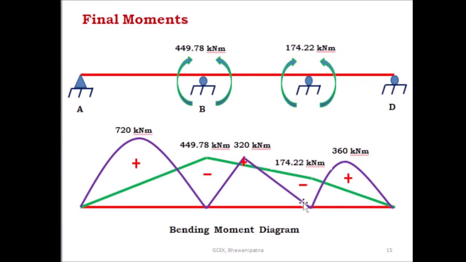Then after giving the direction of the force, you can draw the bending moment diagram. From the support moments you can draw the negative bending moment diagram, and from the load given you can draw the free bending moment diagram. Then after combining these two, the positive and negative bending moment diagrams, you get the final bending moment diagram.